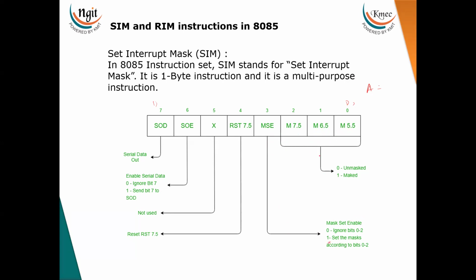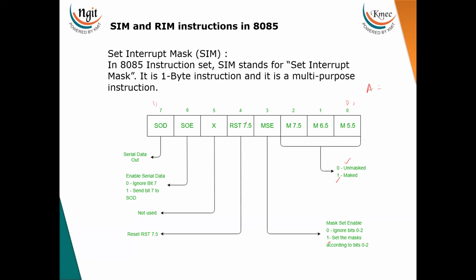If it is 0, these 3 bits are ignored. If this bit is equal to 1, then according to the values, if a bit is 0, it is unmasked. If it is 1, it is masked. So we can set whether those interrupts are masked or unmasked.